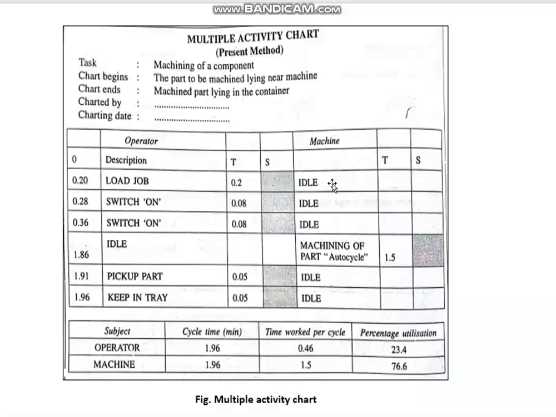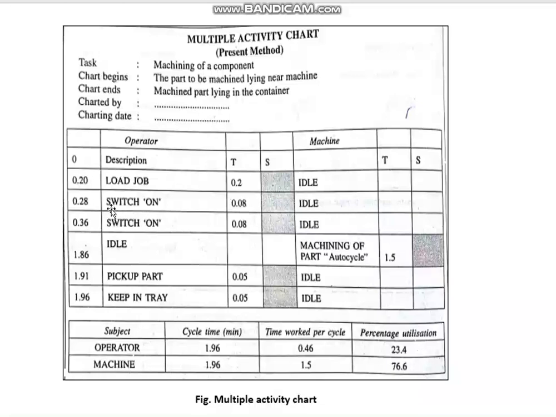And what is the machine doing? The machine is idle, so no time for it and no symbol for it; no symbol means the white symbol. Now come to the second activity of the operator. He will switch on the machine. For loading he took 0.2 minutes, and for switching on he takes just 0.08 minutes.